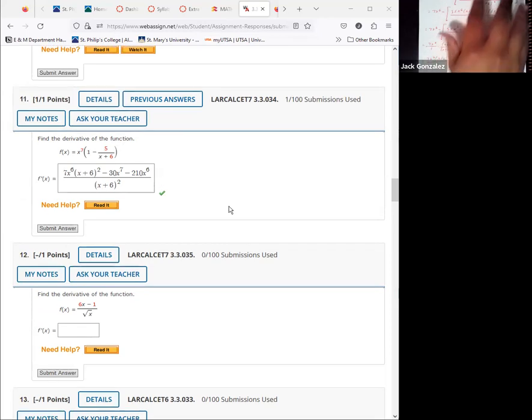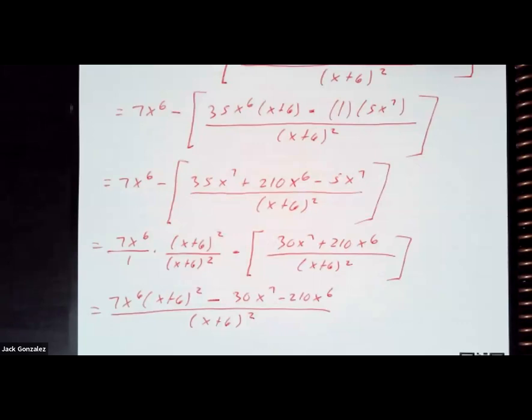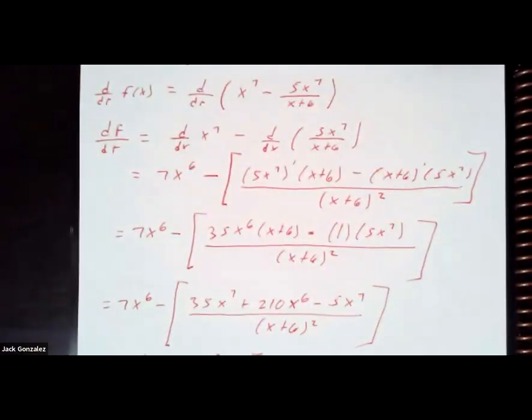Do the steps make sense though? Yeah. I guess what I was doing was reducing it a lot more, but yeah, I was getting confused on that 7x to the 6 and then the negative. I don't know why I was having such a hard time with it.